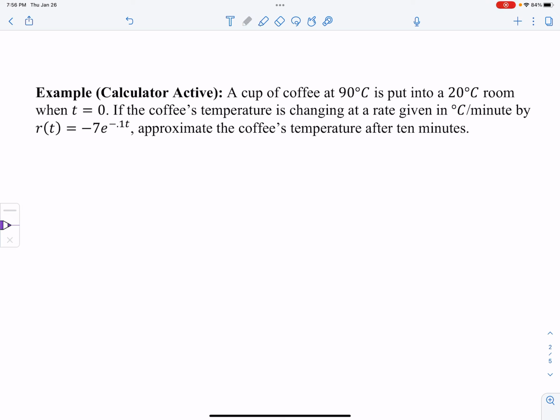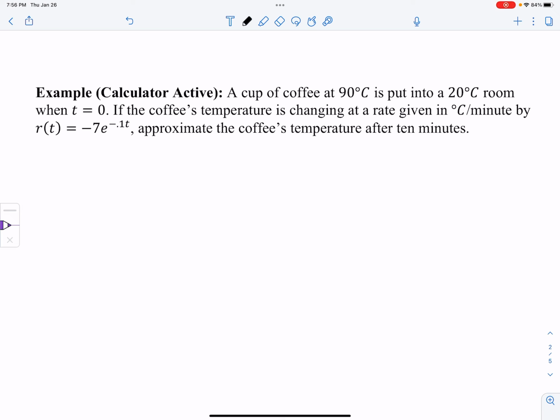Okay, so we know that the cup of coffee is initially 90 degrees Celsius, and we want to figure out what the coffee's temperature is after 10 minutes. So we're going to take that initial temperature of 90 degrees Celsius and figure out what the net change is.